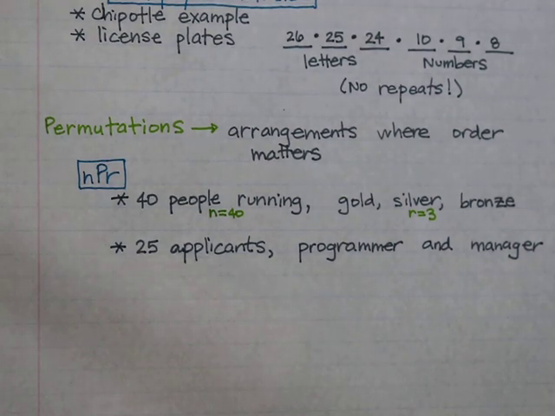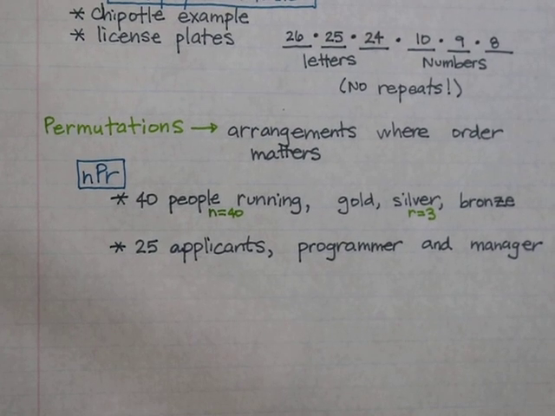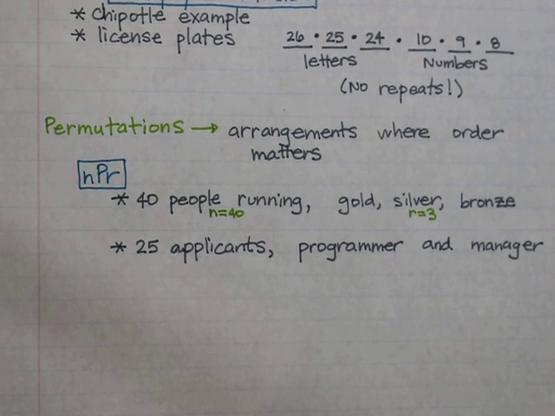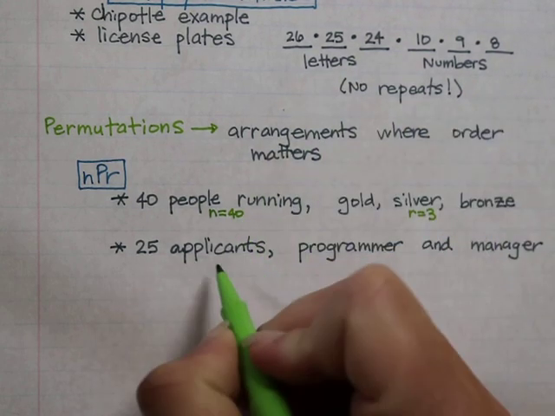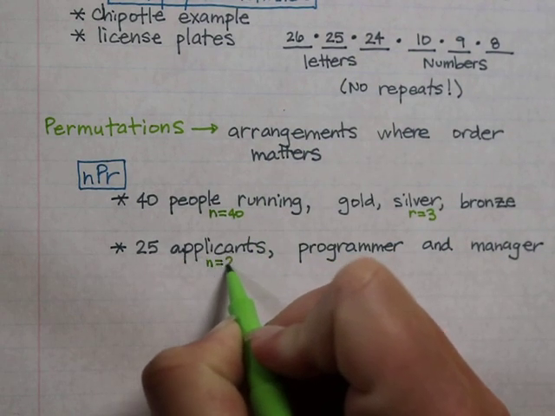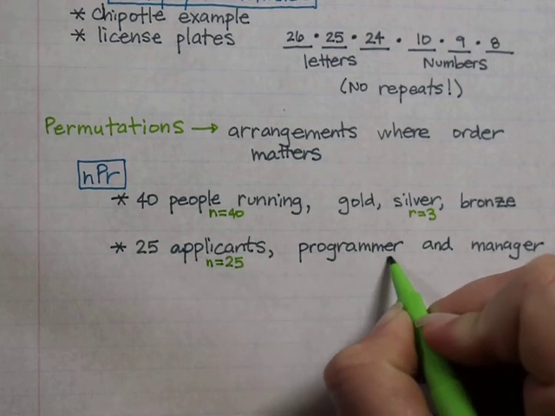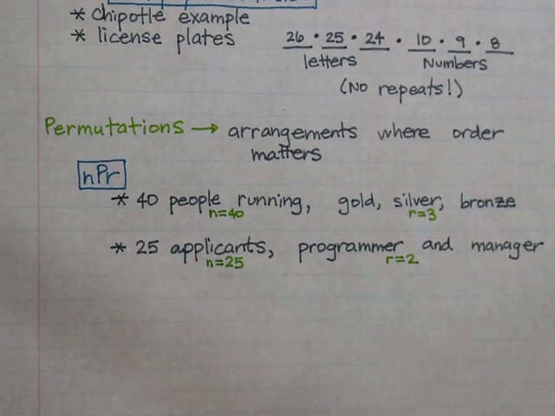President and vice president would be another case of this. If Miss Hilger is hired for the programmer and Miss Dauk is hired for the manager, that's different if we switch who's doing which job. So that's another case why this is a permutation, because the order matters, especially because there's specific titles of whose job is what.